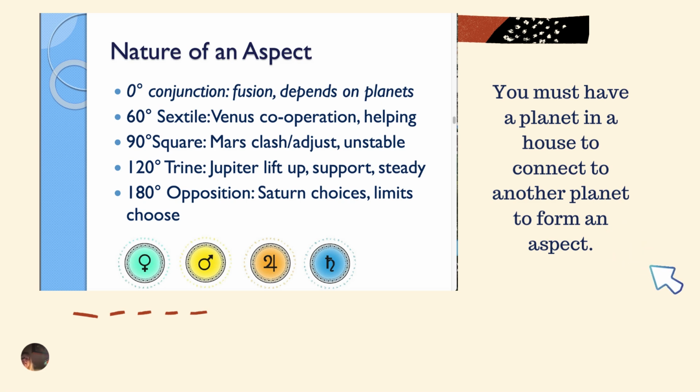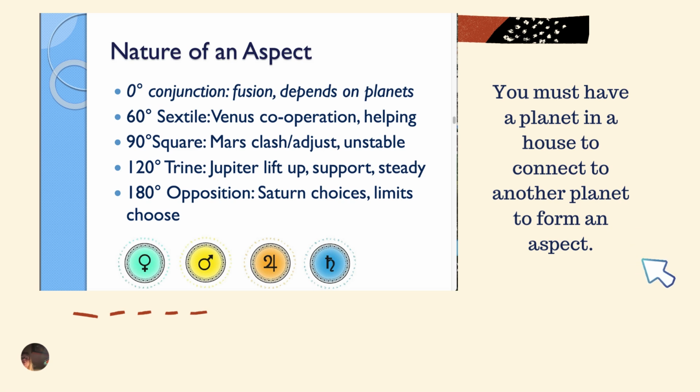We then have a sextile, which is 60 degrees apart. It has the vibe of Venus, meaning the 2 planets that are sextiling each other will have a Venus-type energy. So sextiles are good. We have a square, which is 90 degrees apart, has the vibe of Mars, meaning that these 2 planets may clash and need to adjust and are basically not stable together.